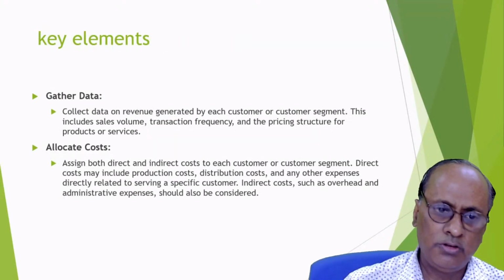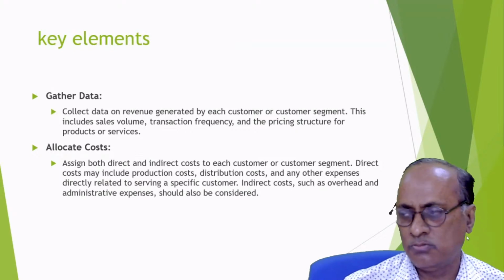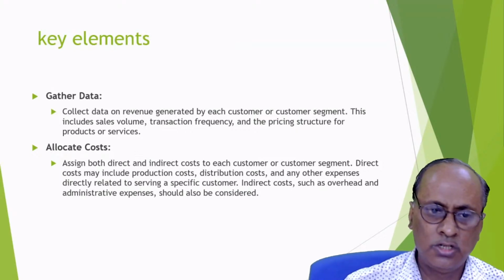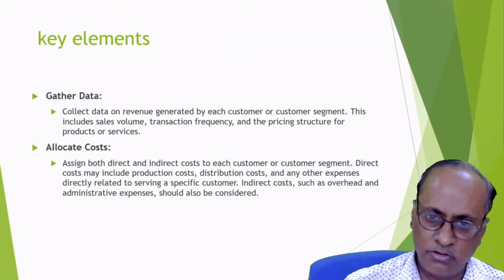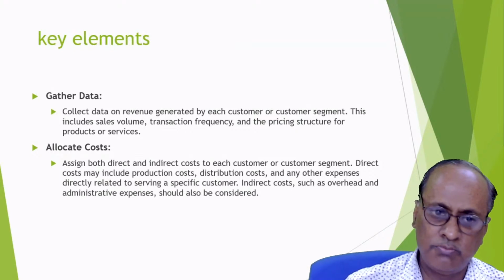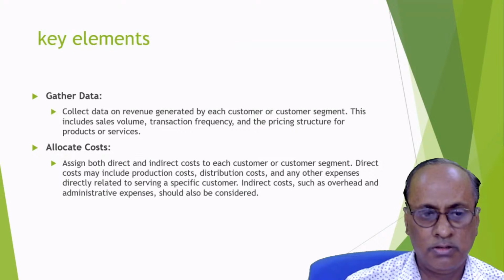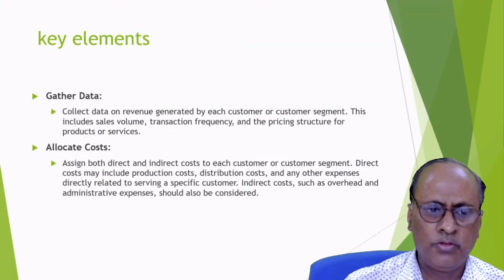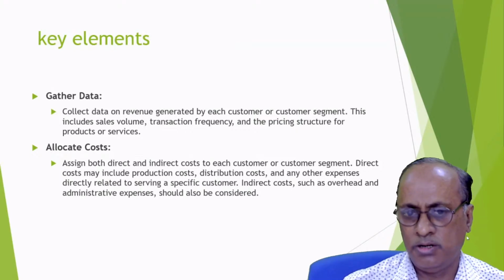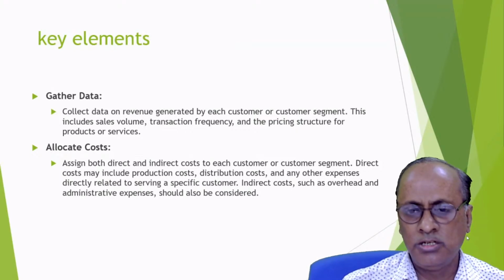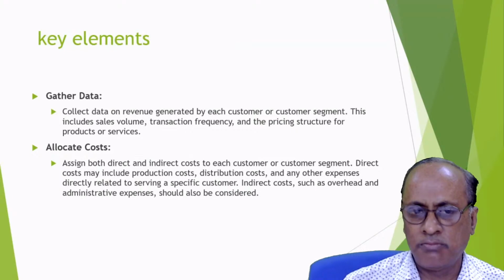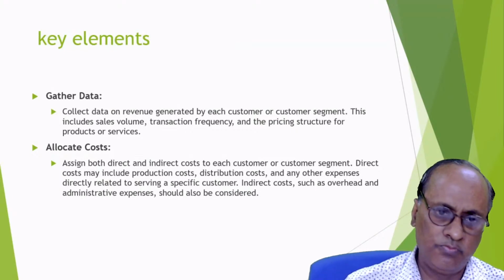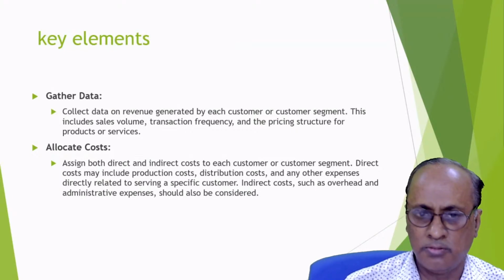Now, first we have to gather data. Collect data on revenue generated by each customer or customer segment. This includes sales volume, transaction frequency, and pricing structure of the products and services. Very important data. For a particular segment of customers, what is their sales volume in a particular month or in a year?